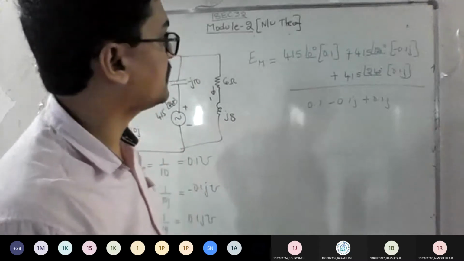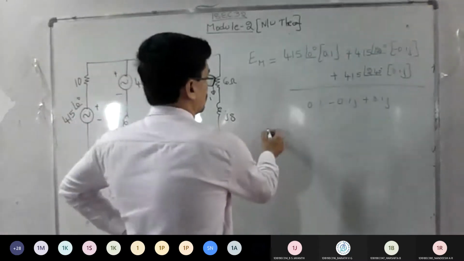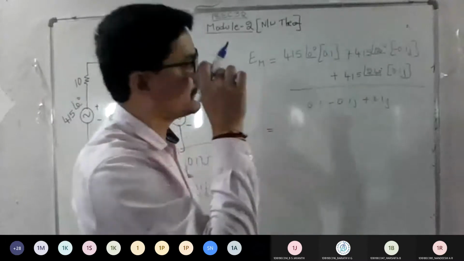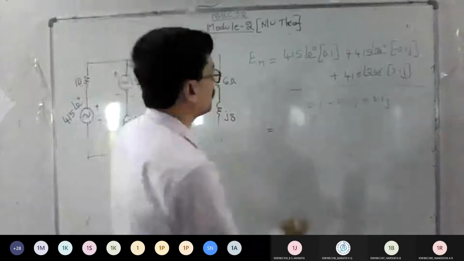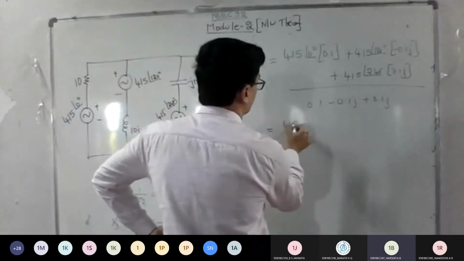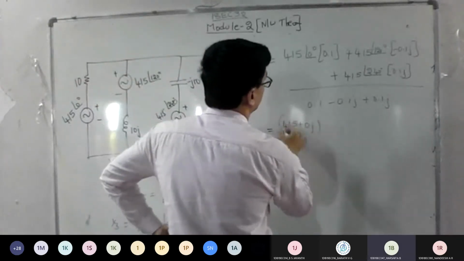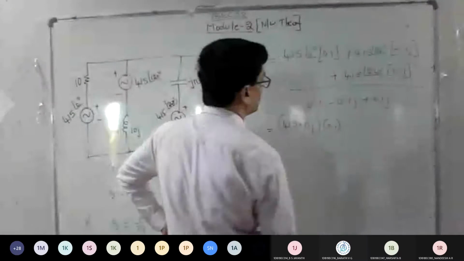Just check. Convert the same thing: what is the equivalent rectangular form? The first one is 415 plus 0j, multiplied by 0.1.